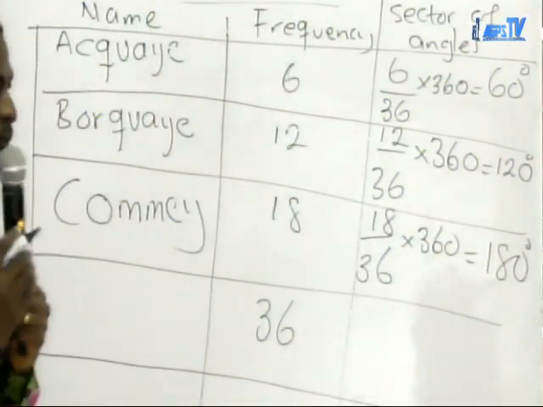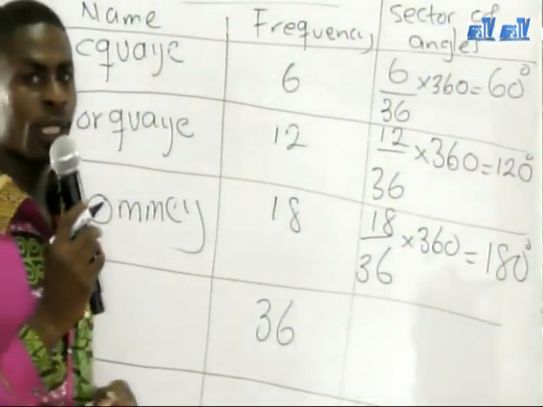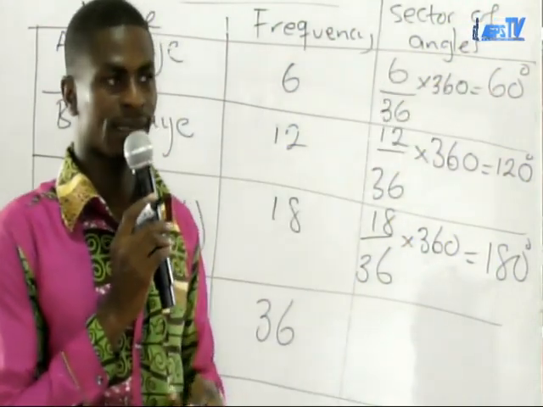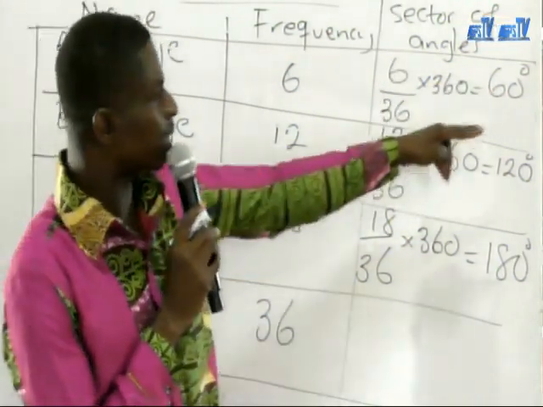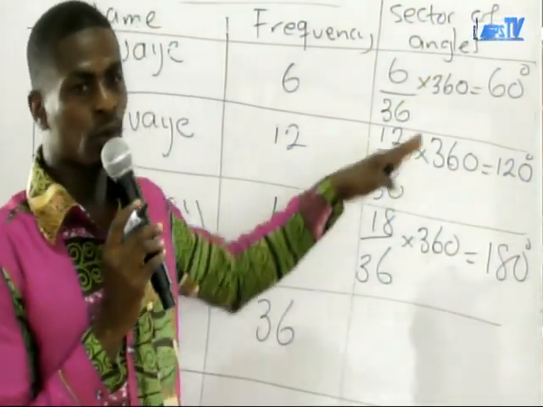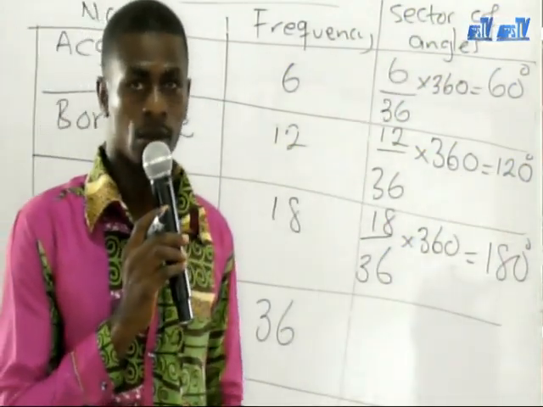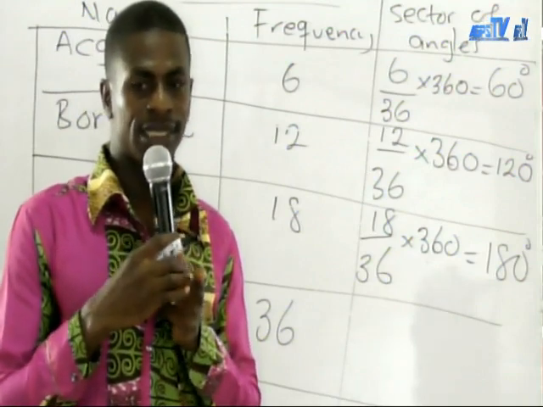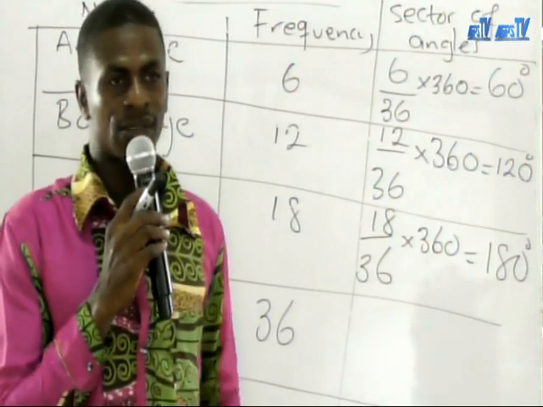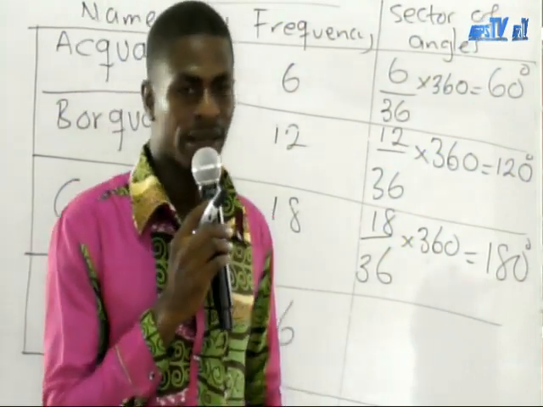To be sure that you've gotten the sectors of angle right, always try to sum up the sectors of angles that you have found and see to it that they are 360 degrees. When you have gotten 360, then you can rest assured that your sectors of angles are correct.